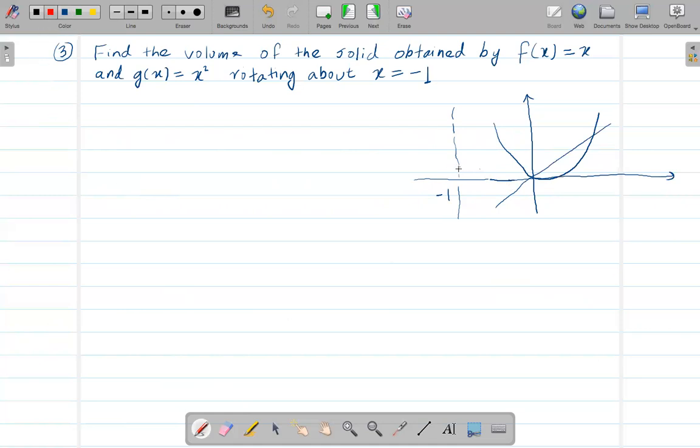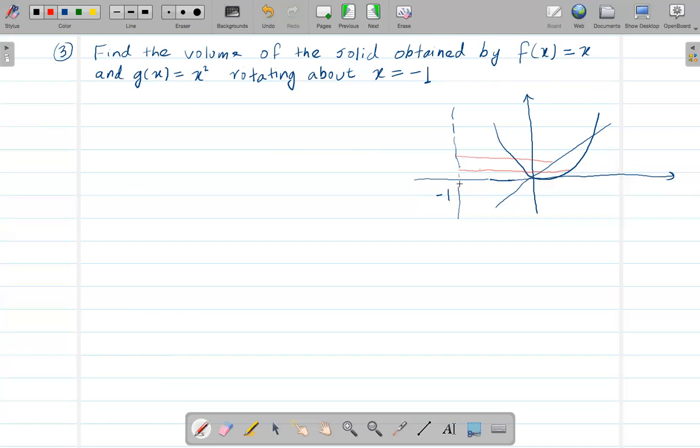So the outer radius is from here. The outer radius is x squared. The inner radius is x, right? So you don't have to worry about this negative sign. All we are looking at is the distance. The radius is a distance.